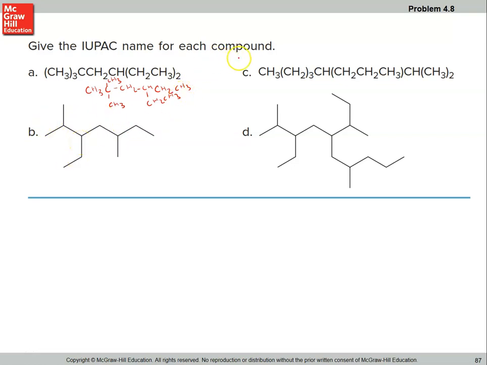For C again, it might be easiest to redraw this compound. We're going to start with the CH3 on the end. And then there's 2 CH2 groups, or sorry, 3. As shown here with that 3.